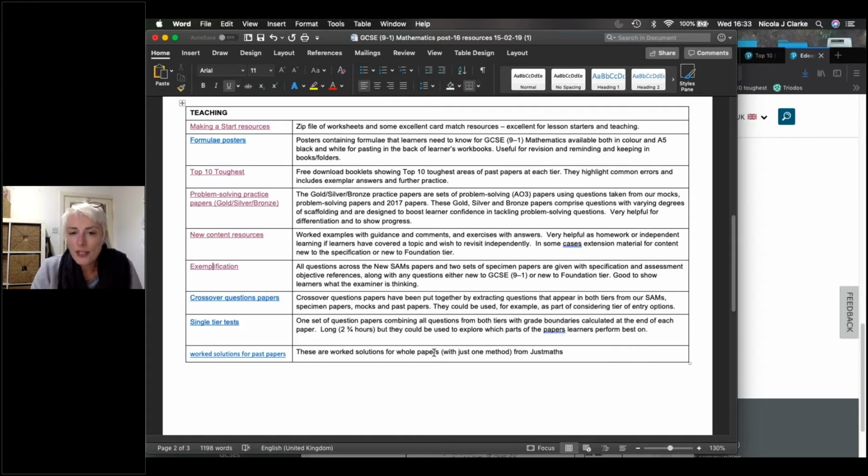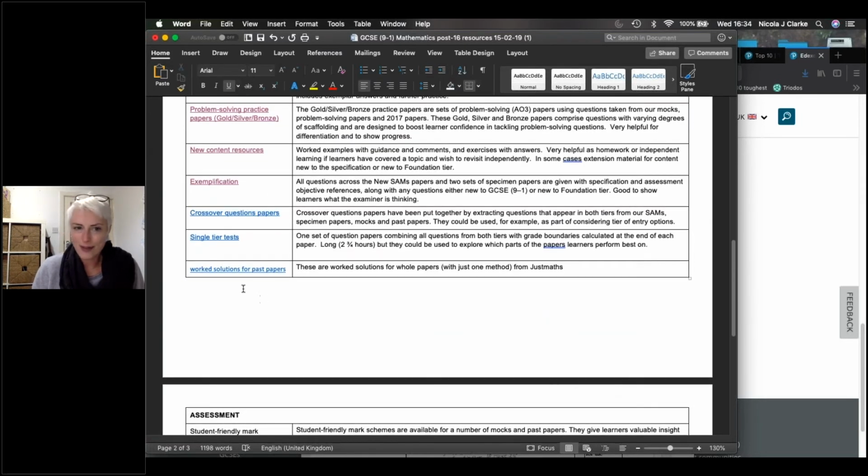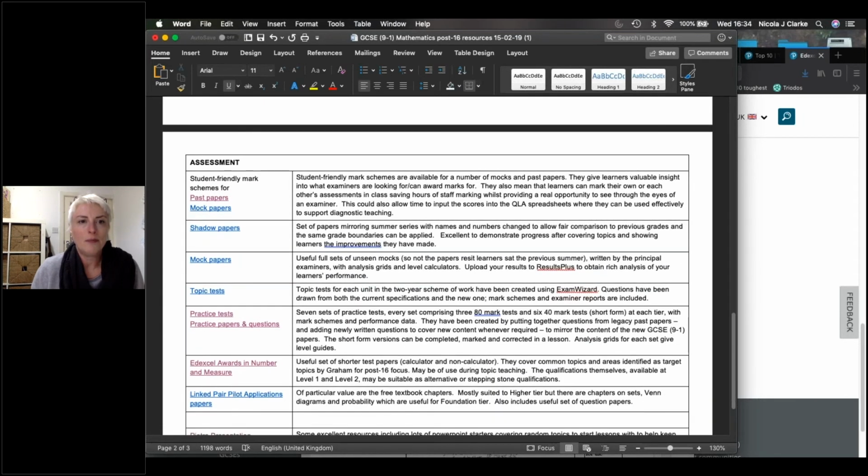They do say that a lot of those questions will have more than one method available, but this will just show one method, whatever the person who's written it has done, but there will be alternatives. So they're there. You haven't got to do that in your spare time to take into class. That's all there. That's the point here, saving you that time.